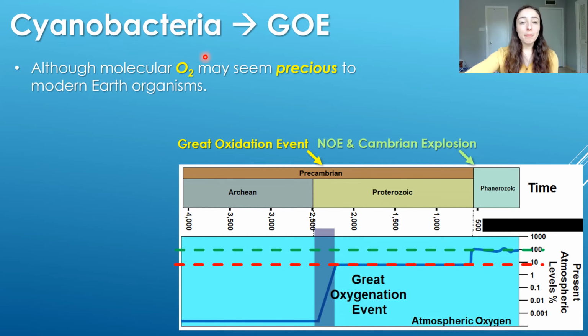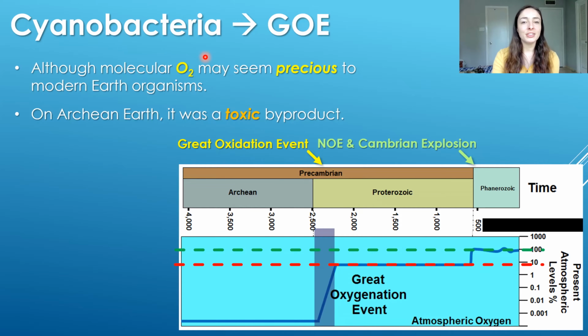And although molecular oxygen might seem precious to us and all animals on modern Earth today, on early Earth during the Archean, it was a toxic byproduct. I mean, it was just the waste of these photosynthesizers, and their expansion was so quick and widespread, and they created this huge oxidation event that it actually caused a lot of extinctions, because many of these early anoxygenic phototrophs and anaerobic chemotrophs not only didn't like or use oxygen, but many of them couldn't tolerate it.